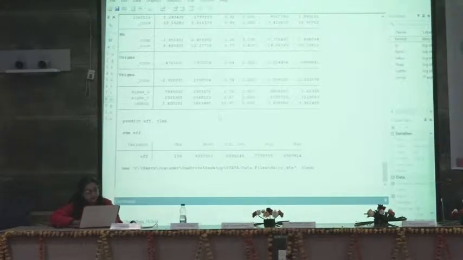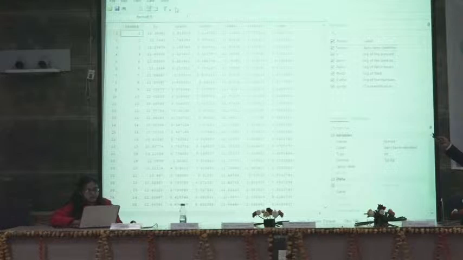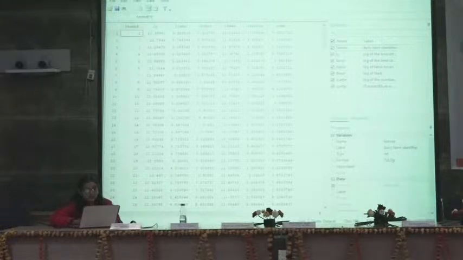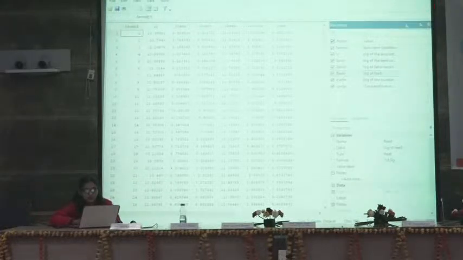How to check the data? Click on the data editor, and you will get the list of all the variables. There are two or three options. You can import from Excel also, or you can directly type in the data. Just close it.